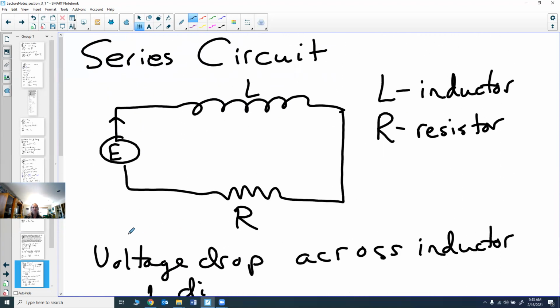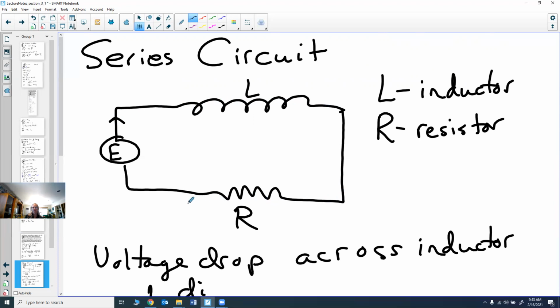Kirchhoff's laws tell us what the differential equation would look like with this. We come through E, so we add this, because that's voltage being put into the system. We then are taking away some of the voltage, because we have a voltage drop, so it's going away as we come through the inductor.